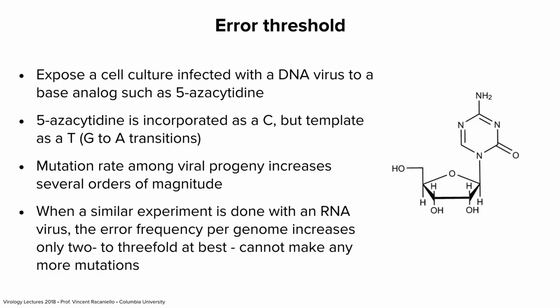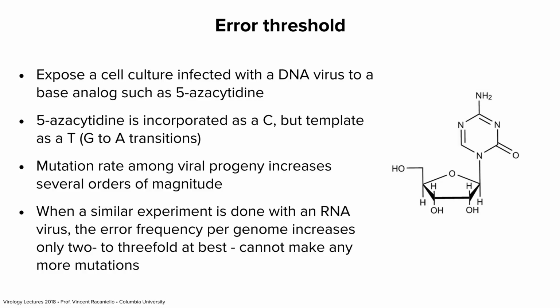So what this compound does is cause mutations to be introduced in the genome. Wherever there is a C, this will be incorporated. As the DNA replicates, the C looks like a T, and the polymerase will put in an A. So when you grow DNA viruses in the presence of this drug, the mutation rate increases several orders of magnitude. That means 100 to 1,000-fold higher.